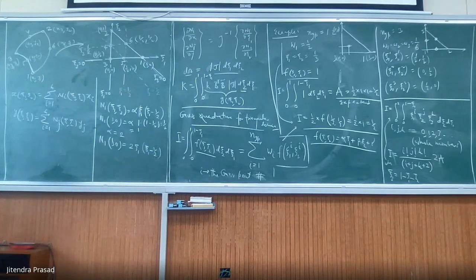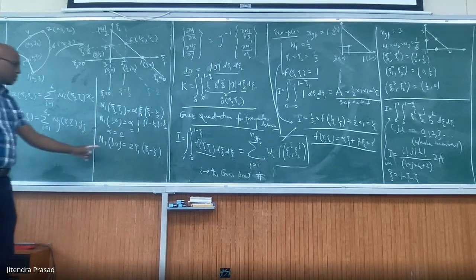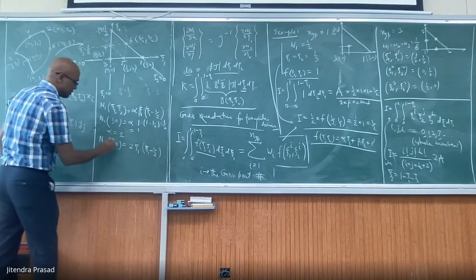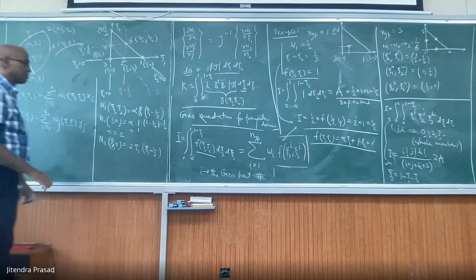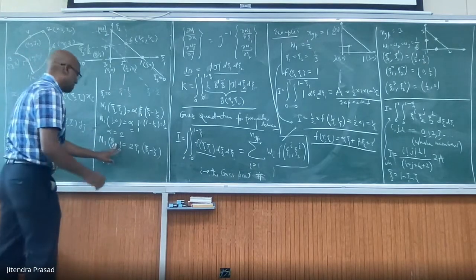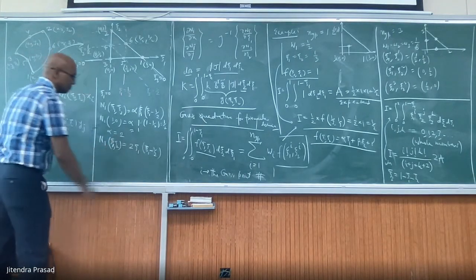That will be n1 of Xi1, Xi2, equals to 2 Xi1 times Xi1 minus half. But where we have written 1 comma 0, there should be Xi1. Yes. So Xi1, Xi2. Correct.